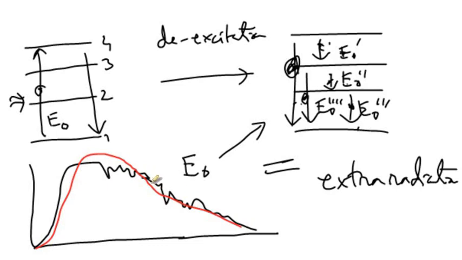So here you see these are some extra parts. Here they are above the black body profile and they correspond to these extra lines.